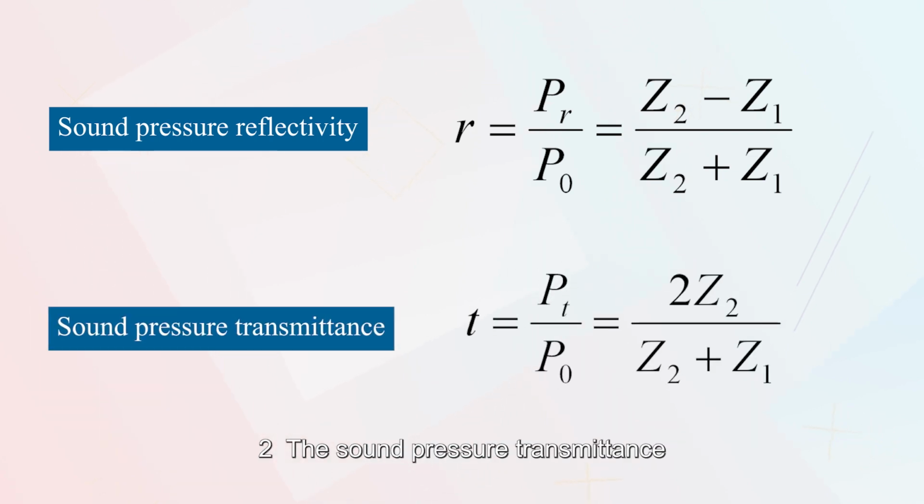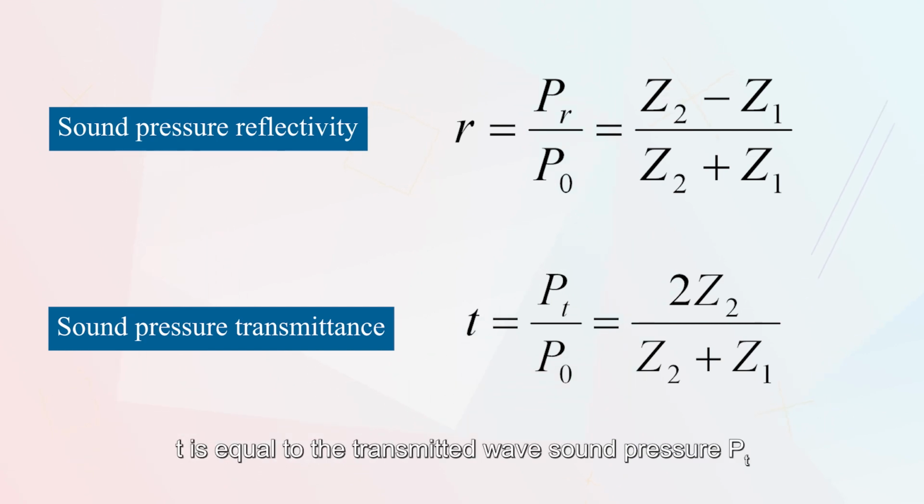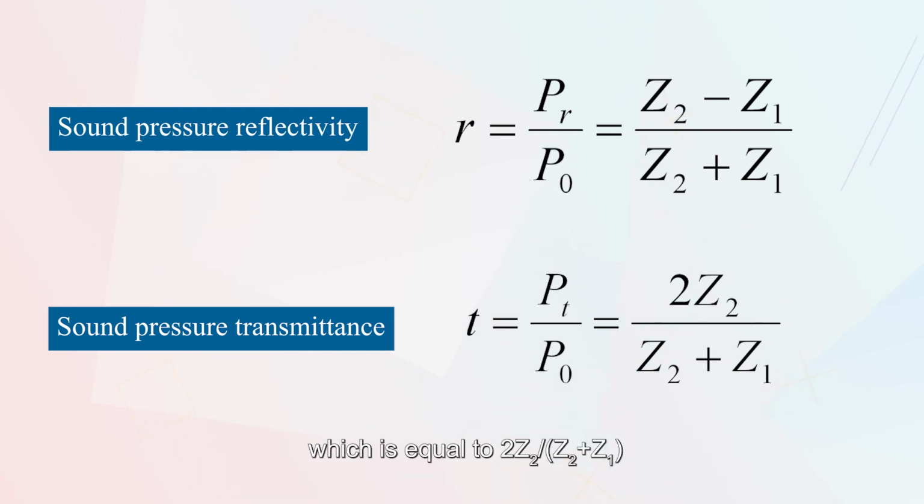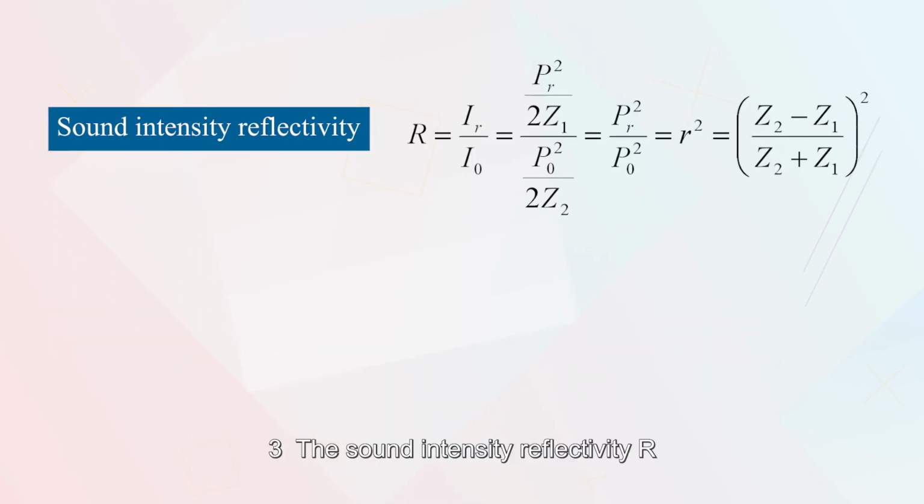The sound pressure transmittance T is equal to the transmitted wave sound pressure PT divided by the incident wave sound pressure P0, which is equal to 2 Z2 divided by (Z2 plus Z1).